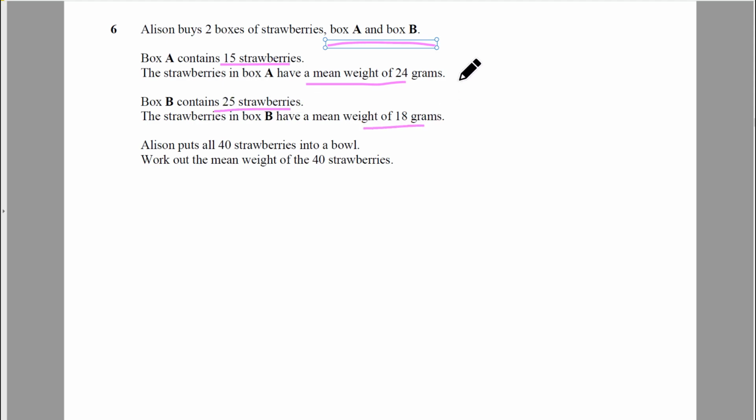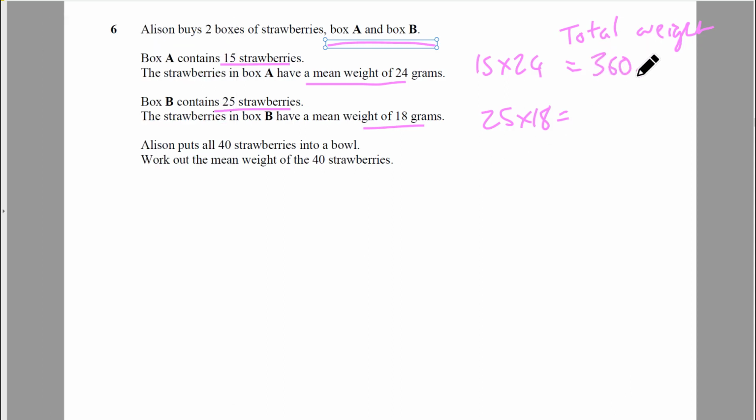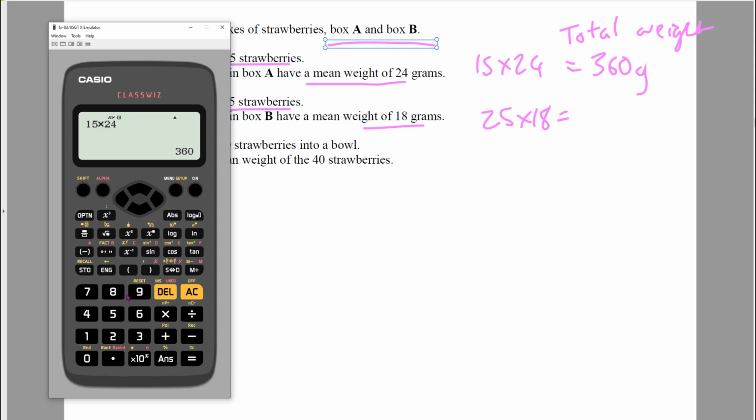Now, before I start doing the question, I know that I need to multiply these together to get the total weight of box A. And this one is going to be 25 times 18 to get the total weight of box B. $360, $450.